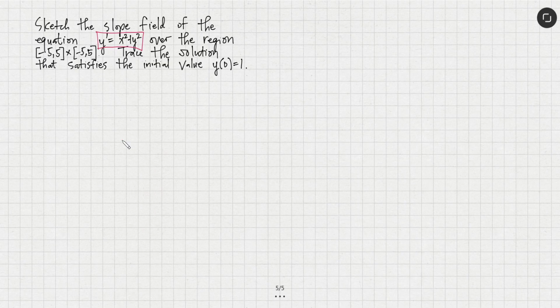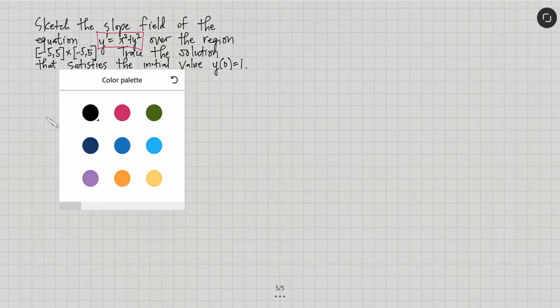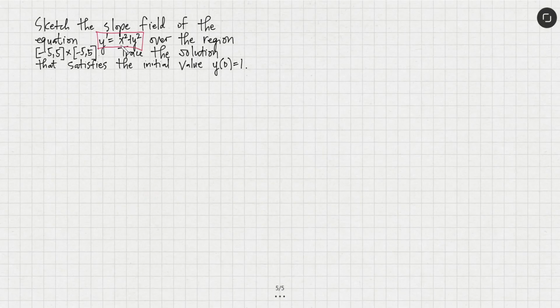So hindi kayo pwedeng mag-analyze ng intervals dito since hindi function ng x or y lang yung y prime natin. It's a function of both x and y. So f of x, y is equal to x squared plus y squared. Okay? And our isoclines will be the graphs of x squared plus y squared is equal to c.